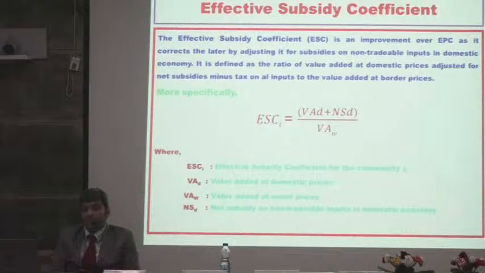In the previous indicator, we discussed only tradable inputs, but there may be taxes and subsidies for non-tradable inputs as well. So the effective subsidy coefficient corrects the NPC and the EPC for non-tradable inputs also. It considers whether input prices may be low due to subsidy. For example, in India, the government claims that fertilizer is at a subsidized rate, and recently the Government of India announced that they have increased the fertilizer subsidy.